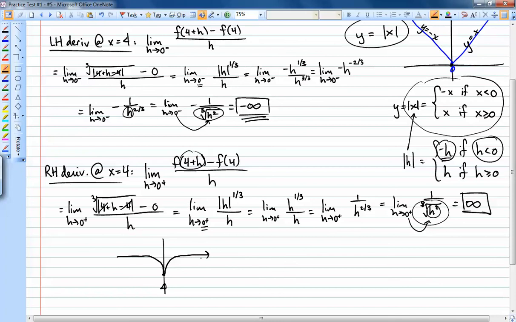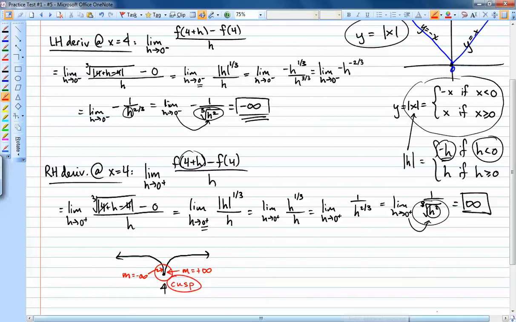So something like this. So on this side, I can get rid of that line. On this side, let me use a different color. The slope approaches negative infinity. And on this side, the slope approaches positive infinity. So that means that we have a cusp right here.